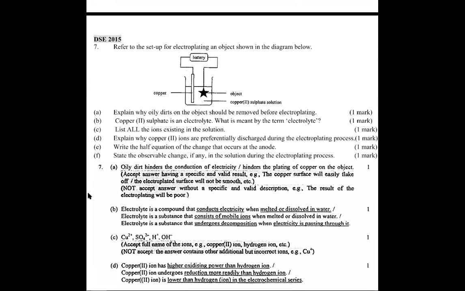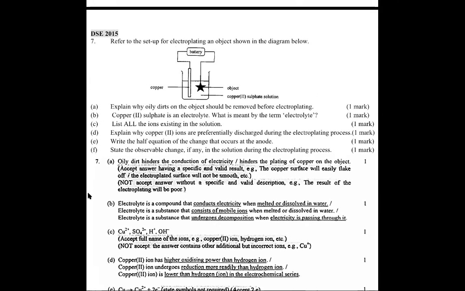Okay, so the first one, what oils on the object should be removed? This part specifically mentioned that you should have a specific description. If you only state that the result of the electroplating will be poor, or the copper won't be so easily electroplated on the object, then that will not give you the mark.